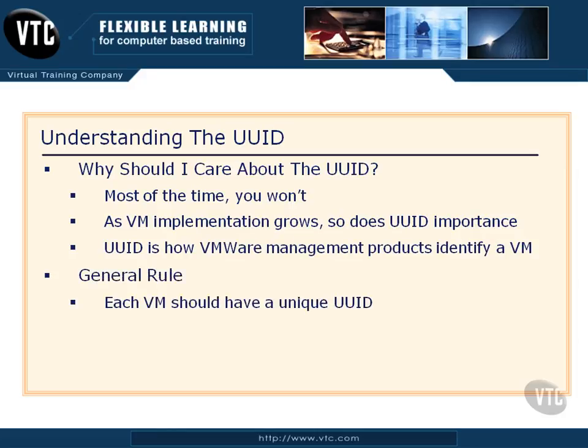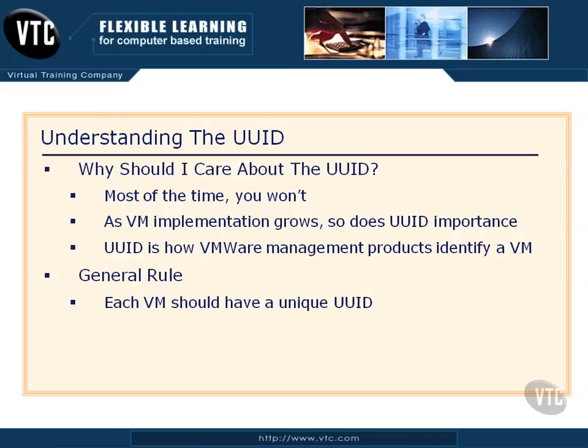Now here's the general rule. Each virtual machine that you have should have a unique UUID. Now this is not true in most people's environments, because if we're using these virtual machines just to throw up a virtual machine on a laptop and do some development testing, and then copy that machine to do some more development testing, or copy it to install something else just because we've got a copy of Server 2008 there, we may copy that and not give it a unique UUID and probably won't have any major trouble.